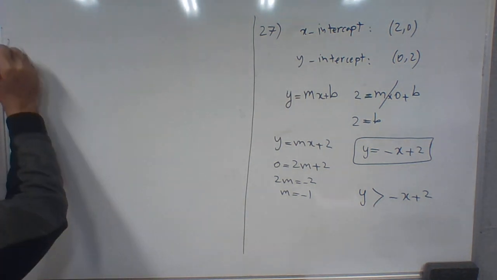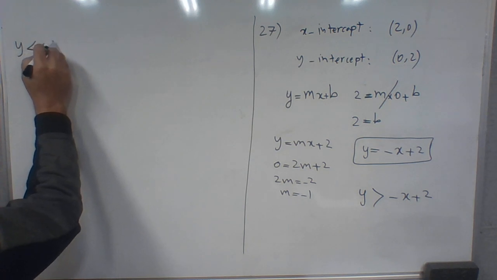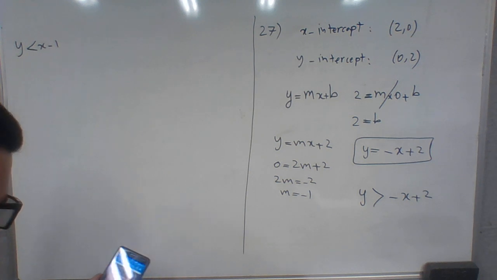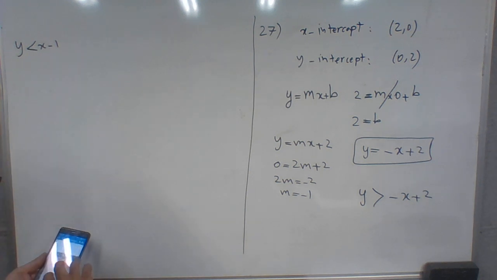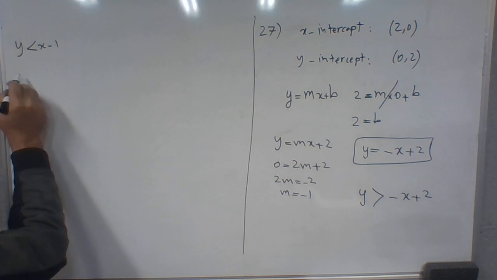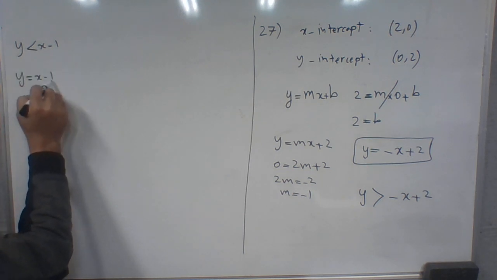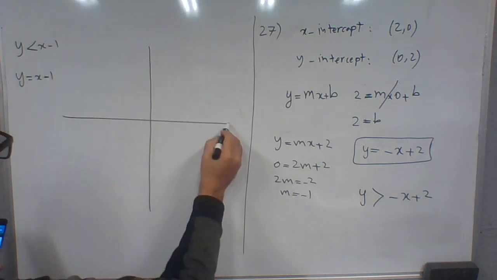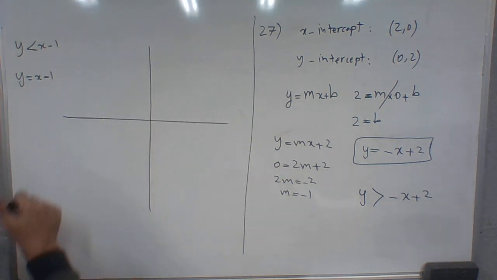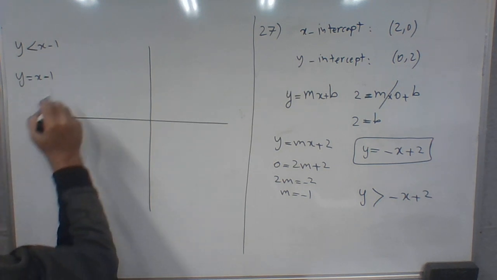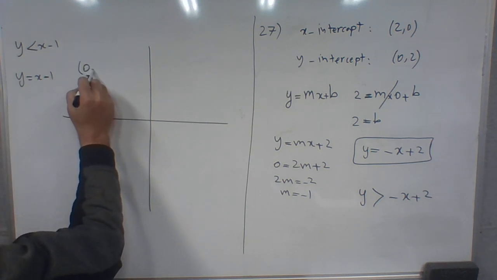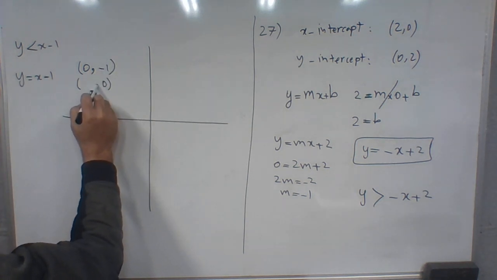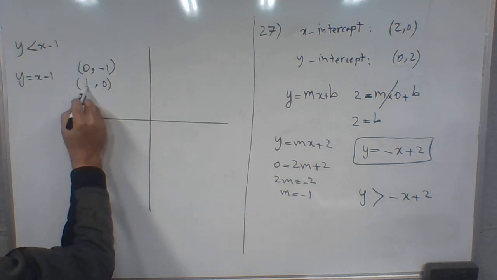Graph y less than x minus 1. I want to teach you how to graph this kind of problem. First, assume that this is an equality, so y equals x minus 1, and draw this line. If x is 0, y is negative 1, and if y is 0, you can easily see that x is 1.